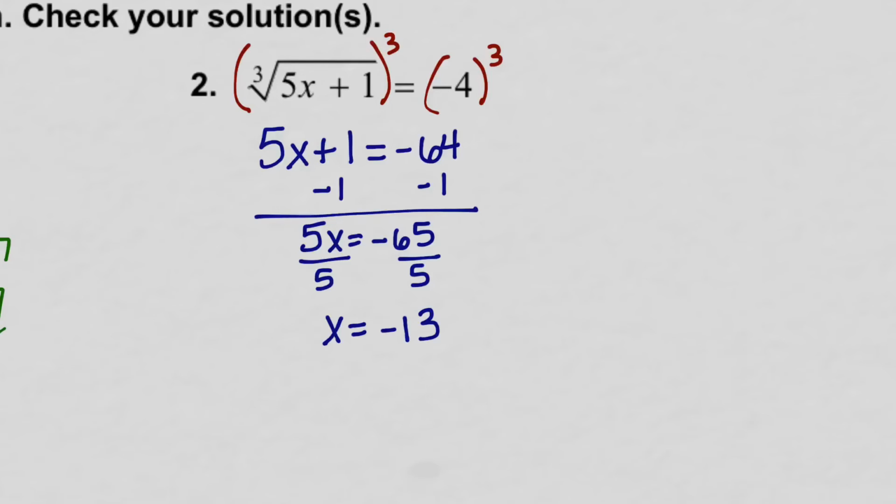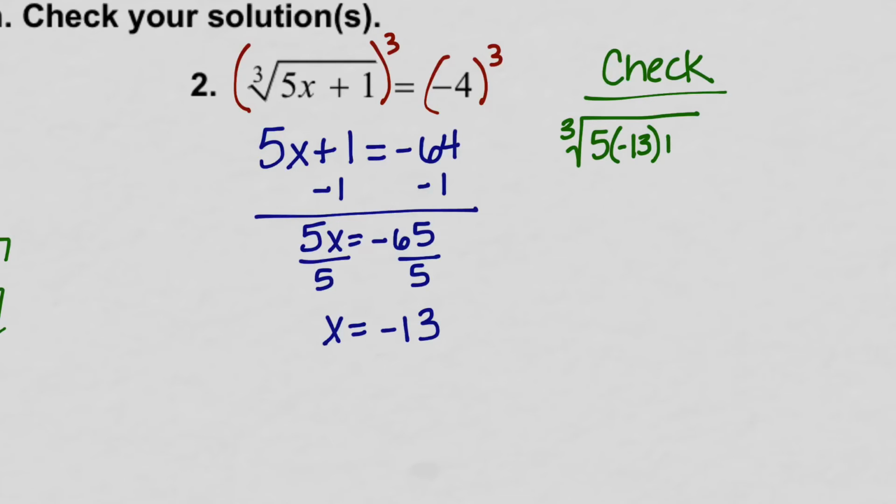And again, before I say that's my answer, I need to make sure that it actually works. So I'm going to check it. The original equation was the cube root of 5 times x, and we're saying x is negative 13, plus 1, and that needs to equal a negative 4.